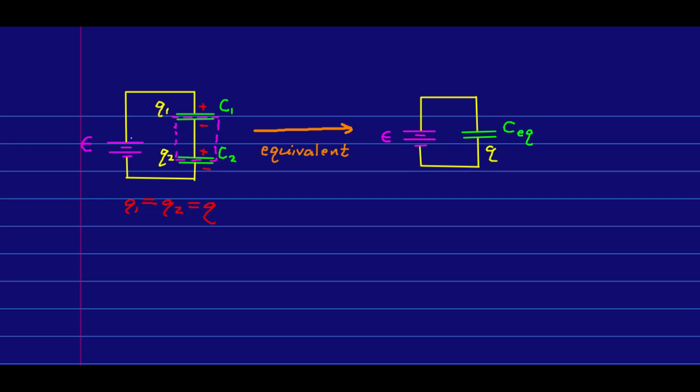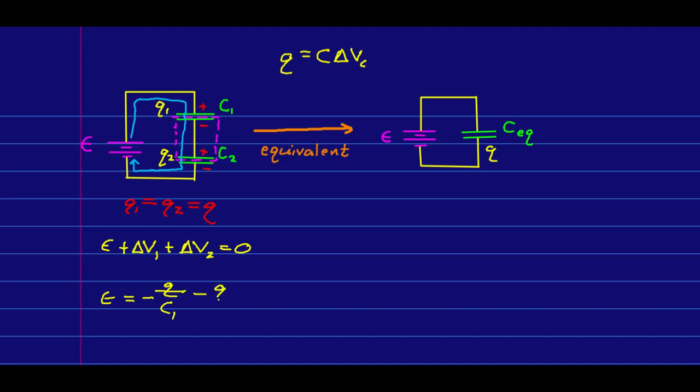Now, to learn something else, let's do Kirchhoff's loop law. So we'll consider this loop, and going around that loop, we have this. And remember that the charge on a capacitor is related to the potential difference across it. And so I can rewrite this all as, which I'm going to find convenient to write this way.